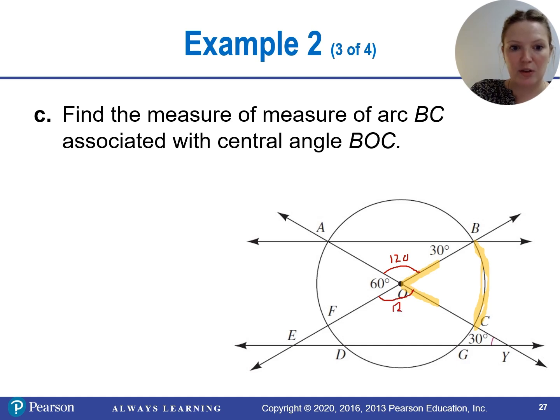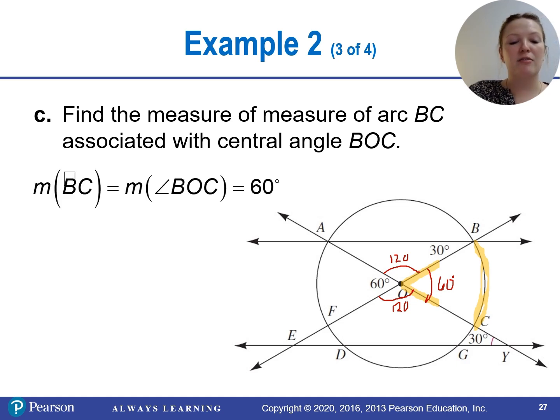We could do the same thing with our line, and think about the diameter FB to see that this measure would be 60. But we also know that angles AOF and BOC are what we call vertical angles. They are angles across from each other across intersecting lines, and they are then going to be equal. So the measure of arc BC is 60 degrees.